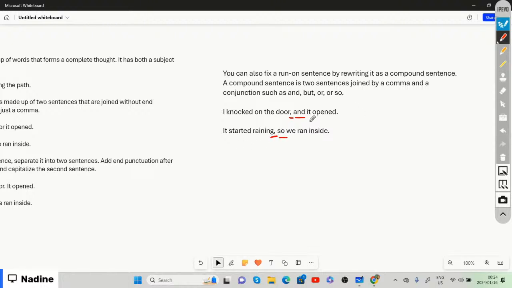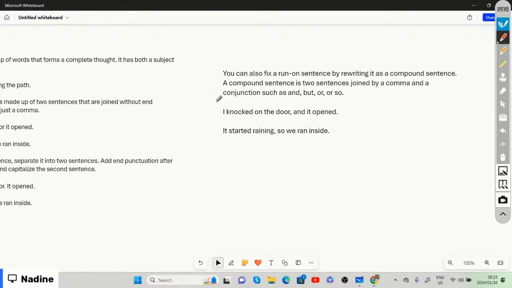So there we have our coordinating conjunctions, which is and as well as so, which basically joins the sentences to make it a complete sentence. Right? So that is it basically on a fragment, a sentence, as well as a run-on.